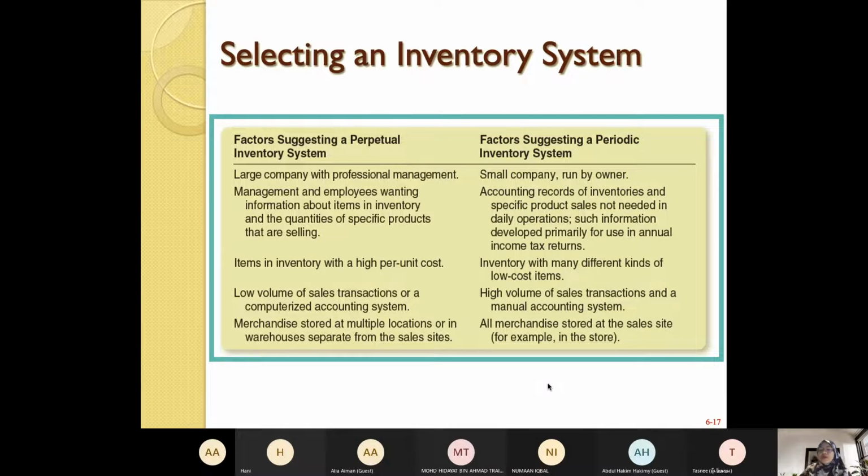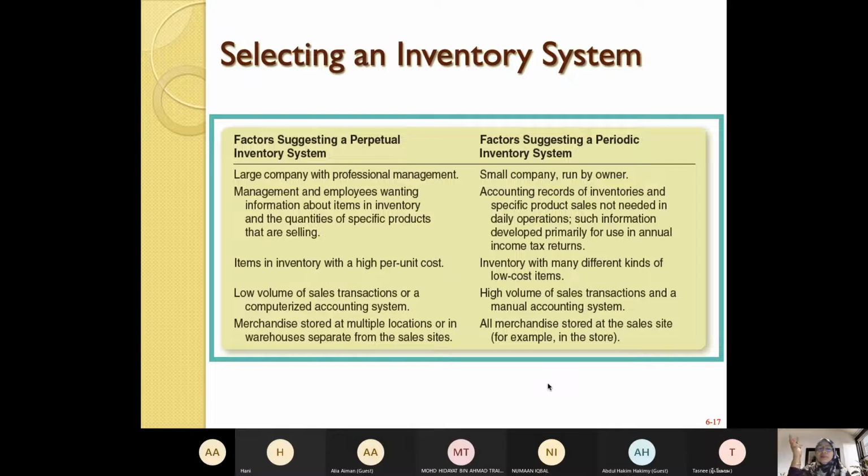So they do not need a very regulated or high-tech technology in order to monitor their inventories. And of course, for a high volume of sales transactions and a manual accounting system. If you have high volume transactions but you are recording manually, definitely you have to go for periodic. And all merchandise stored at one site only, so there's only one site where you have to monitor your inventory.